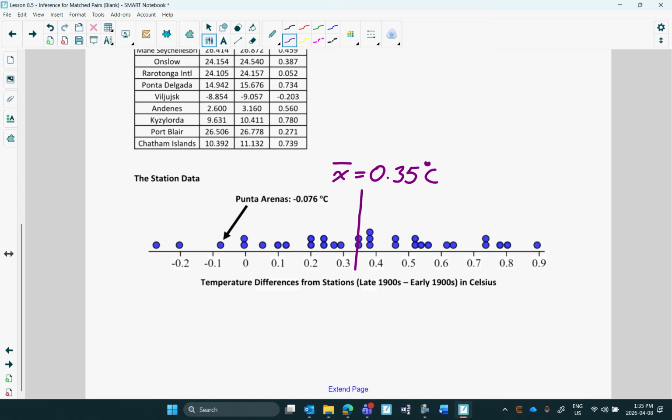And notice where the negatives start, well, this is slightly negative, so the negatives start here. The positives are all that section.